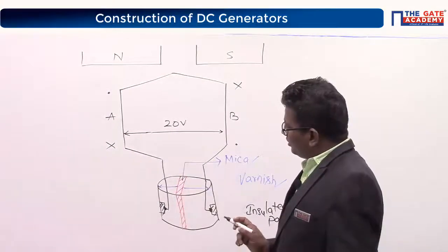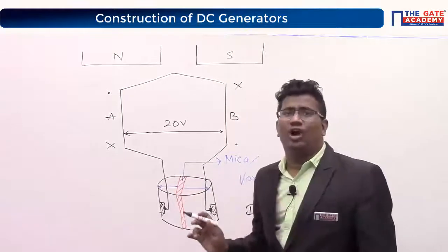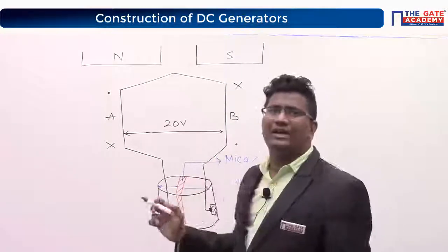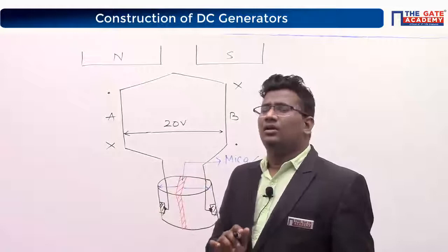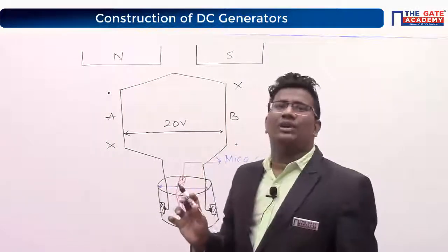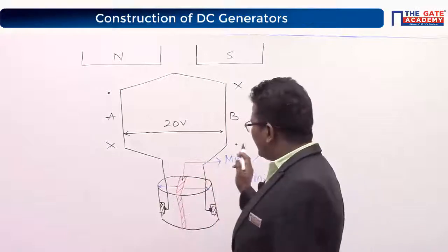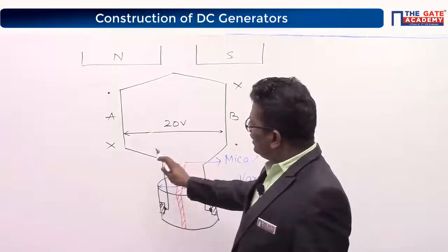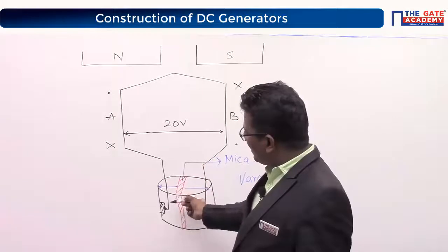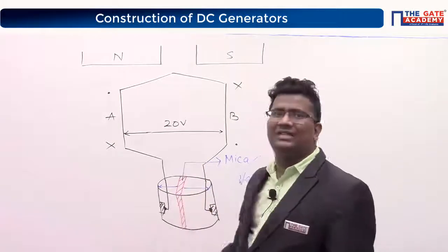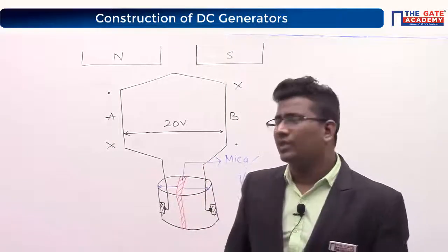Now tell me, is your coil rotating or not rotating? Your conductor is rotating. I already told you, the coil is permanently soldered to this commutator segment, so can I say your coil is also rotating?